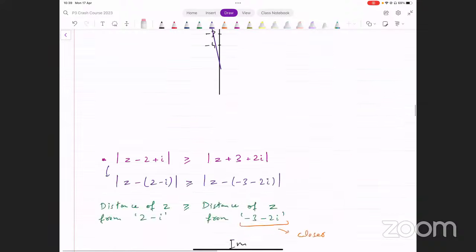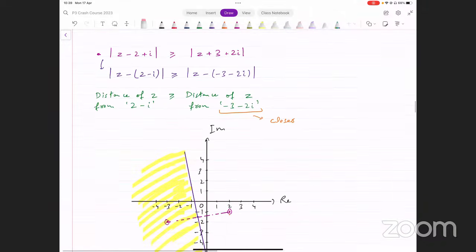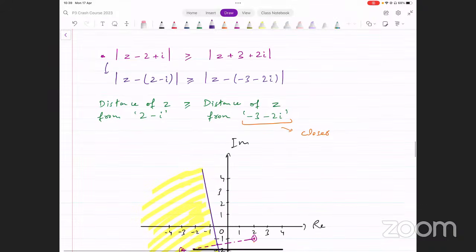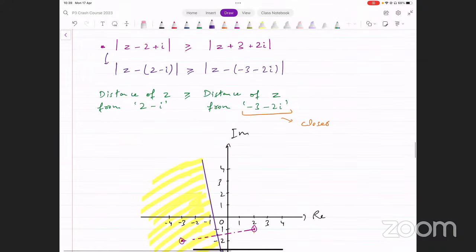And then we talked about what if you have an inequality here like this. What this means is distance of the point z is greater from 2 minus iota as compared to minus 3 minus 2 iota. All right. So distance of z should be greater from 2 minus iota and less from minus 3 minus 2 iota. So the point is closer to minus 3 minus 2 iota.